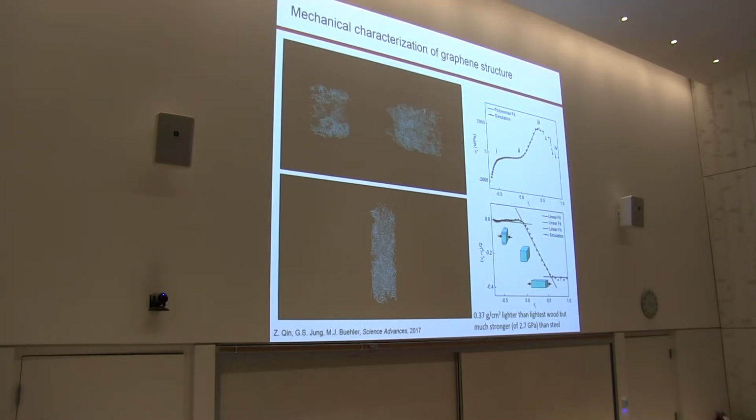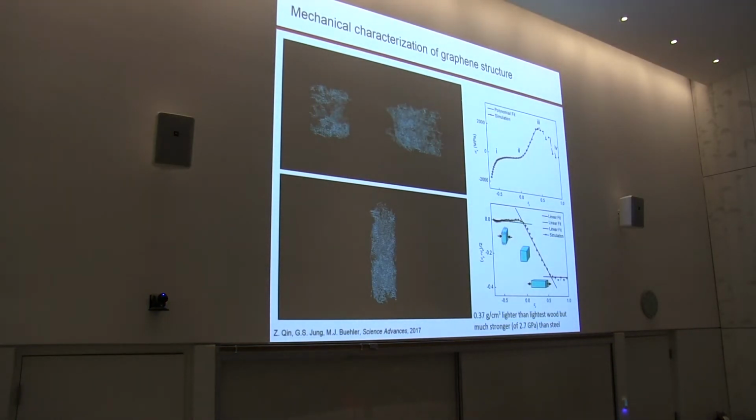From the simulation, I can see that by using graphene, I can reach a bulk material with a density of 0.37. That's almost as light as the lightest wood, but the strength of the material is very high, almost 10 times that of steel. So that can be an amazing lightweight material for engineering applications.